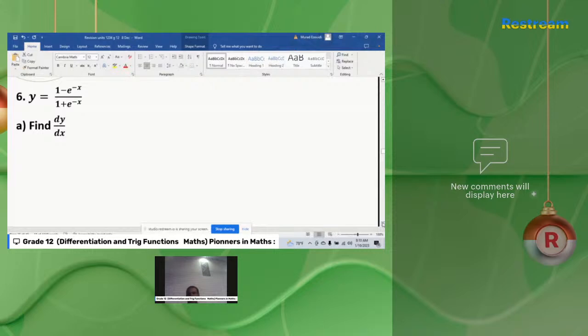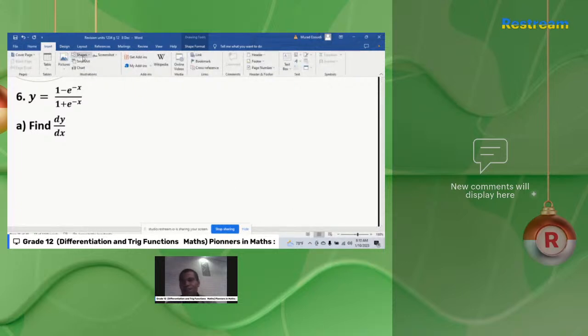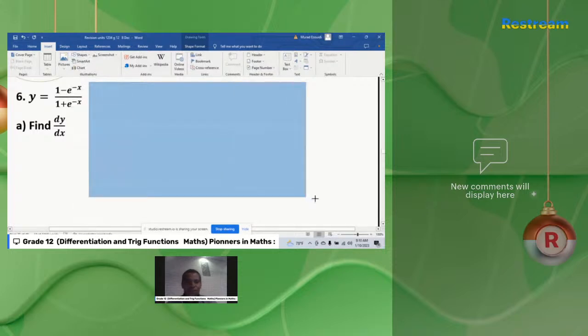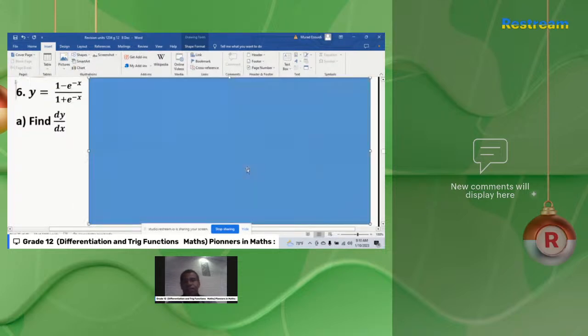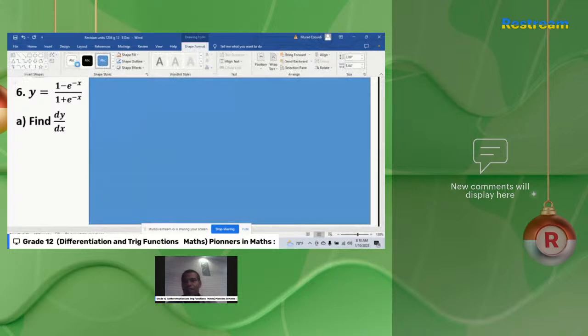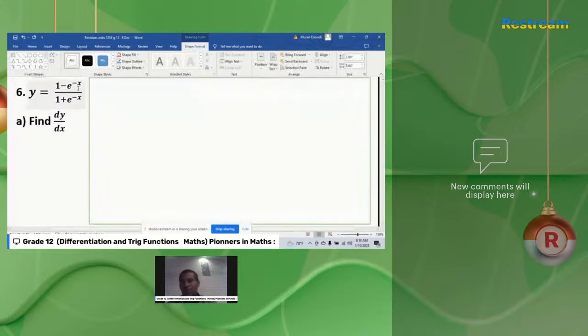So the y in fact is written as u divided by v. This is y, learners.